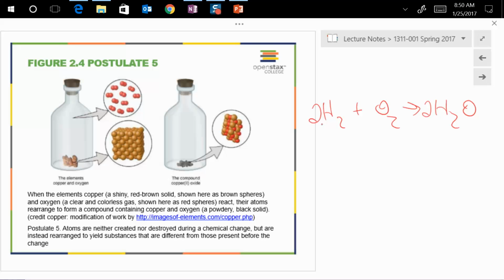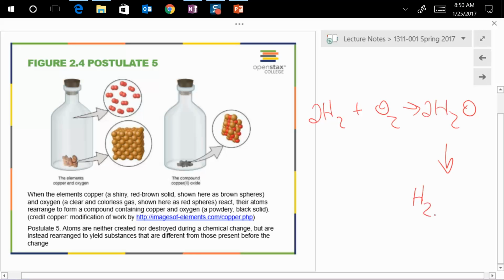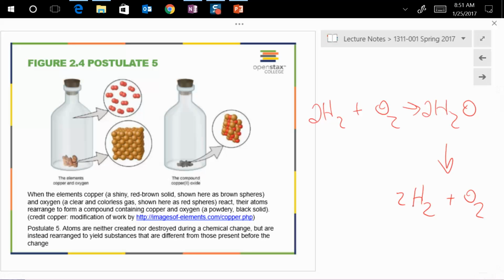No, it didn't. So it's still there. How did he know that? Well, he could decompose water back to H2 plus O2. After he created it, he could pull those elements back out. So he understood that they're still there, just rearranged in some different form. I didn't create it, I didn't destroy it. The elements are simply rearranged in the chemical reaction.